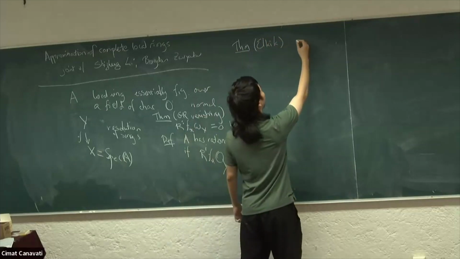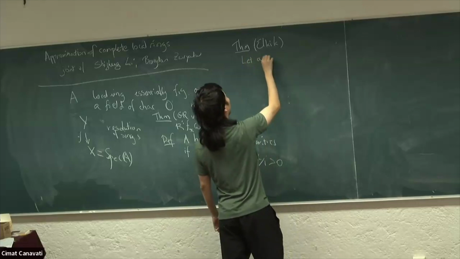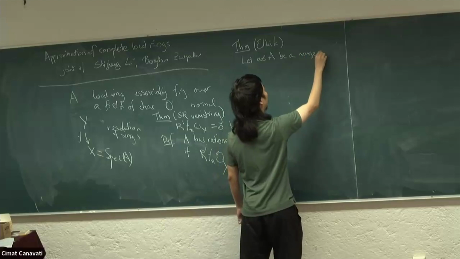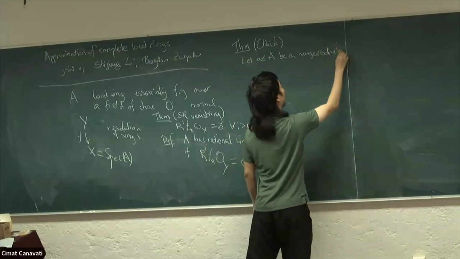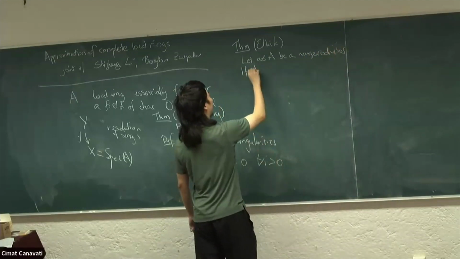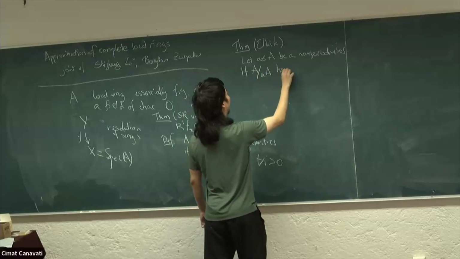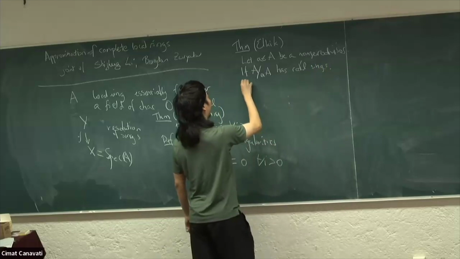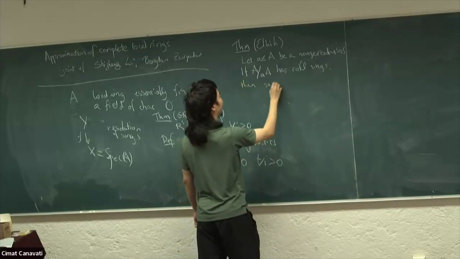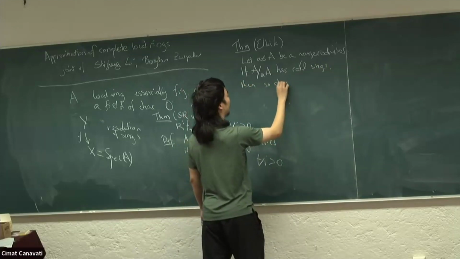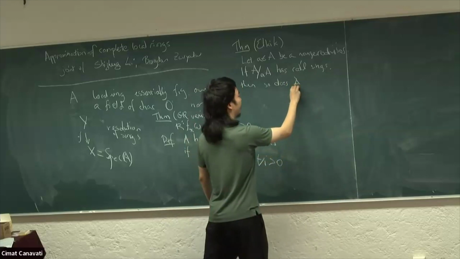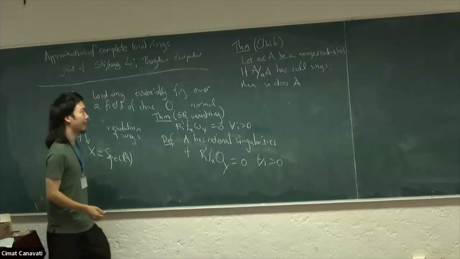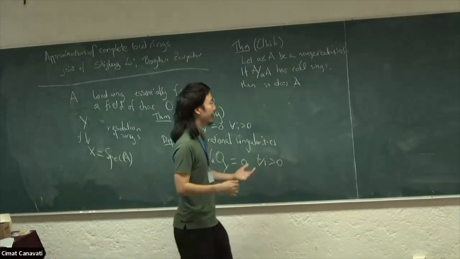It says: let f be a non-zero divisor of A. If the quotient A/f has rational singularities, then so does A. Of course, it's not that easy to relate the resolutions of singularities of these two things, so it's not trivial.